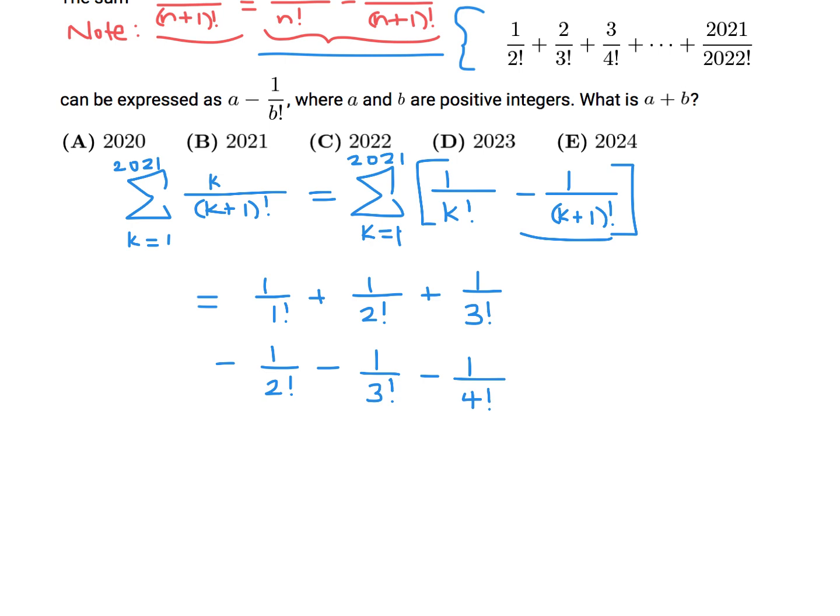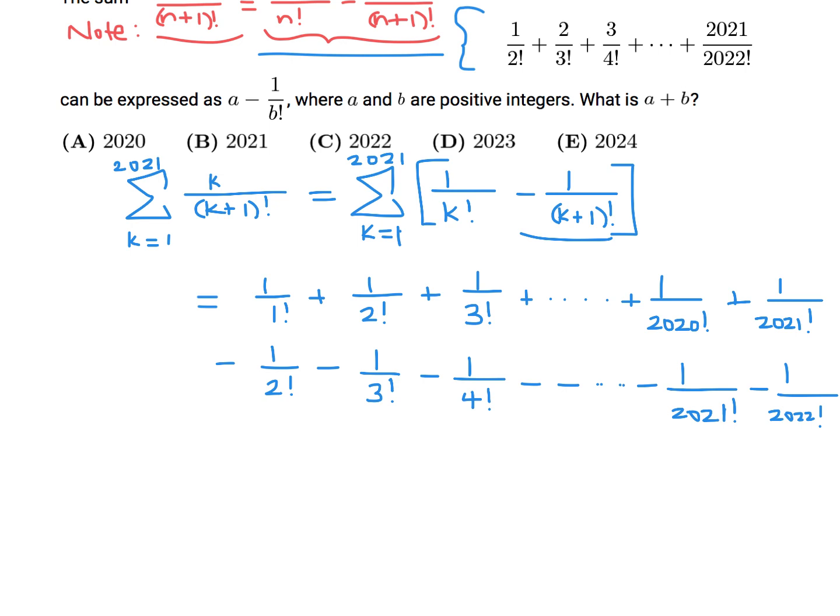And you guys get the point. This keeps on going all the way to k equals 2020, 1 over 2020 factorial minus 1 over 2021 factorial. And finally, when it's 2021, it'll be 1 over 2021 factorial minus 1 over 2022 factorial.